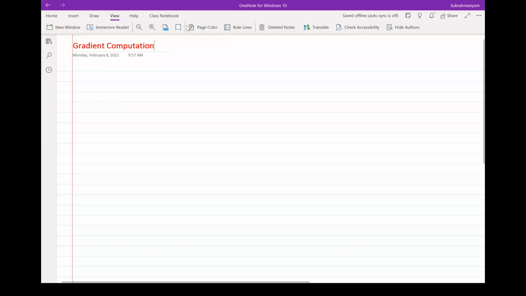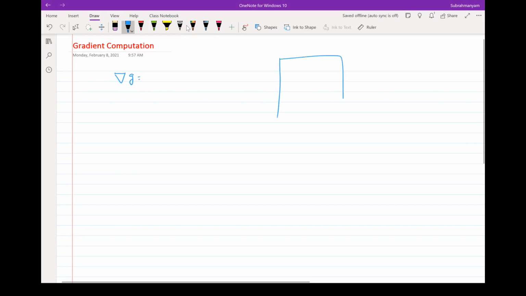So what we figured out so far is, if I want to compute the gradient, let's consider a 2D image. For the time being, notations differ in different contexts and different books, so let's consider that this is our x and y direction.